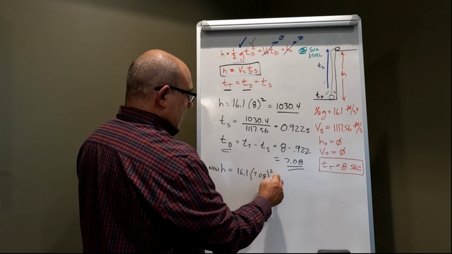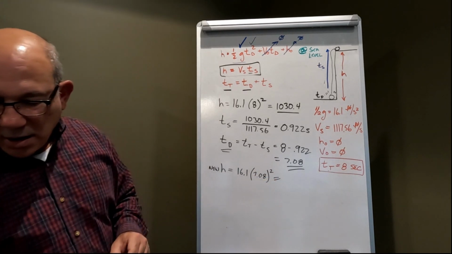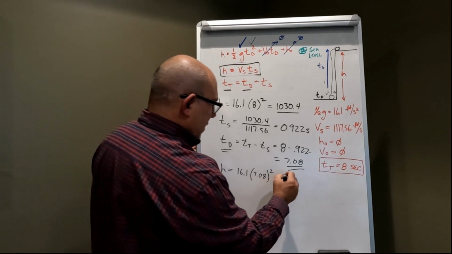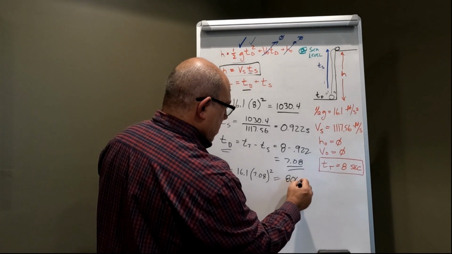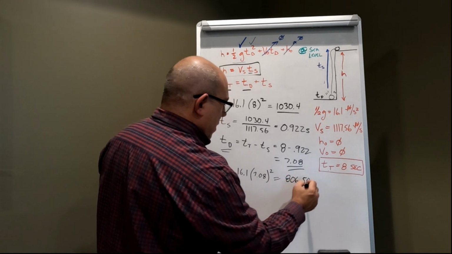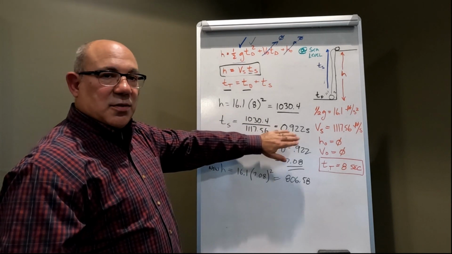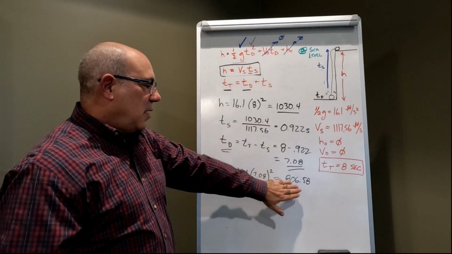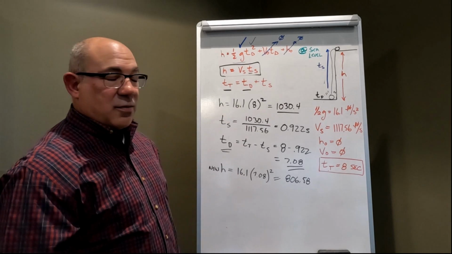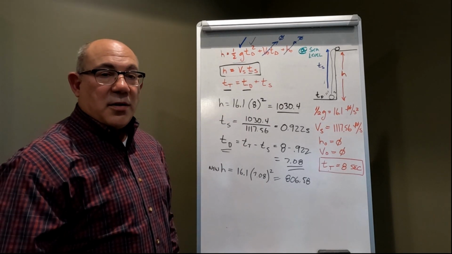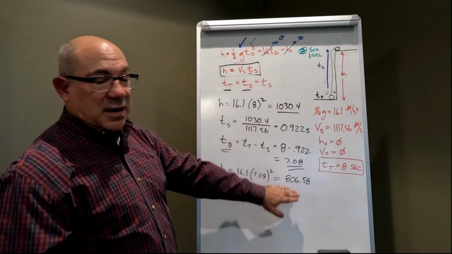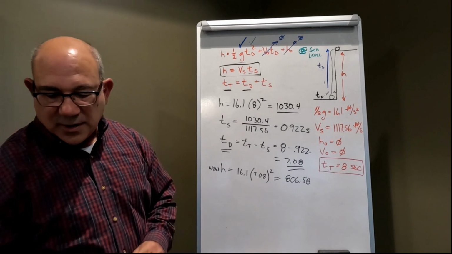That gives us a new height of 806.58. That's pretty interesting, because when we take into account the 0.922 initial calculation for sound, we get 806, very different from 1030. That's about a 20% difference, which is pretty significant.